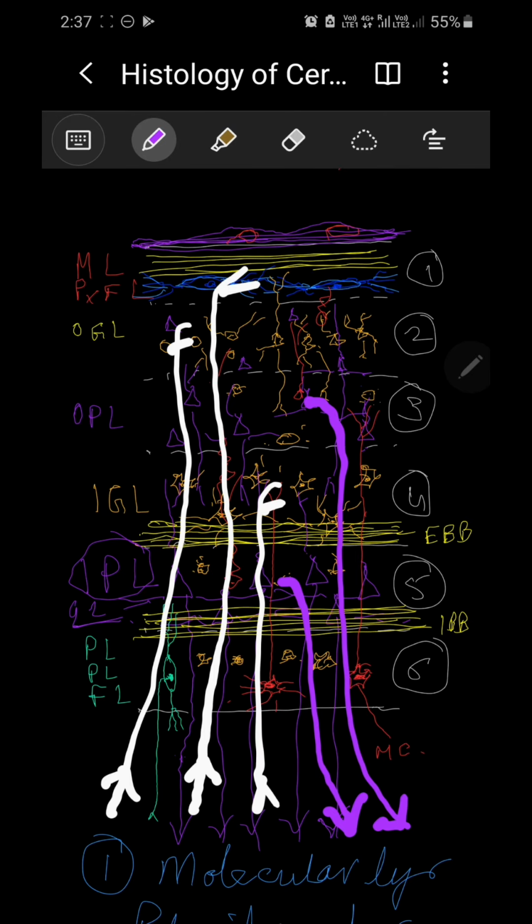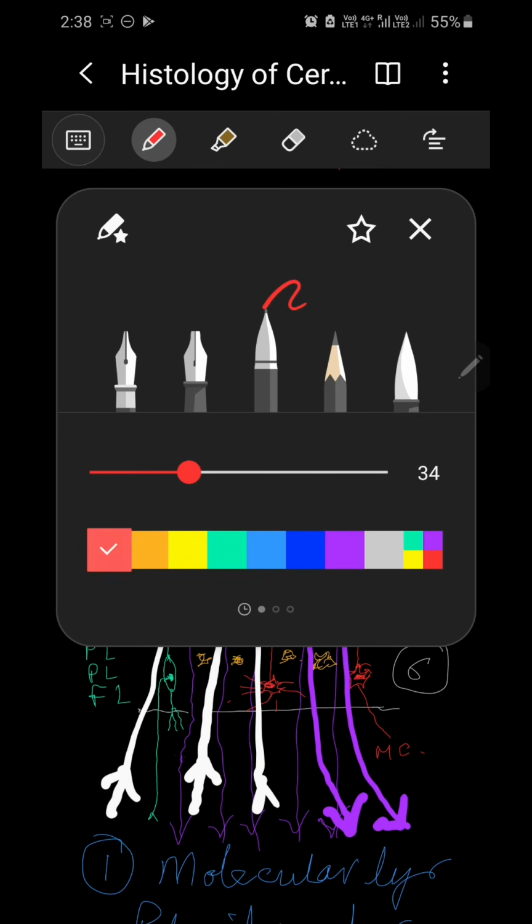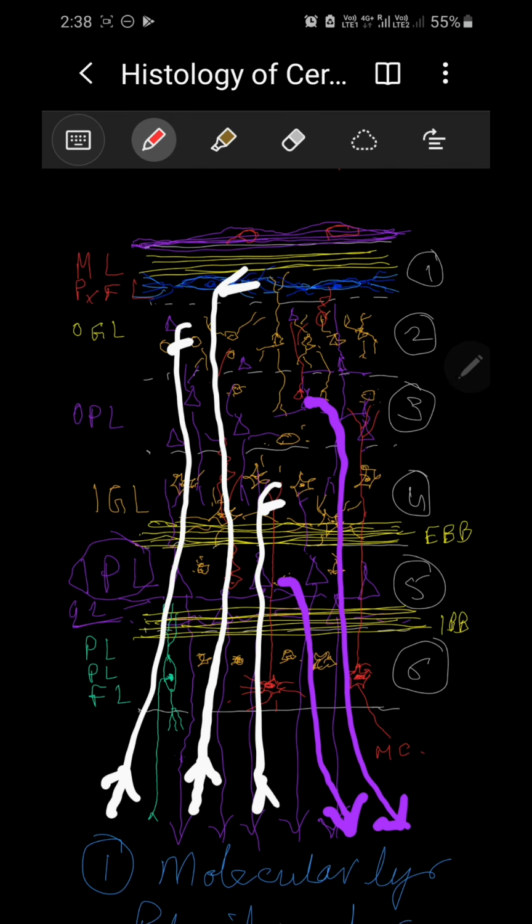Okay, so that was about the neuronal tissue of the gray matter. And one more important thing apart from the glial tissue you will find is the blood vessels. In the histological slide, you will also find lots of blood capillaries.